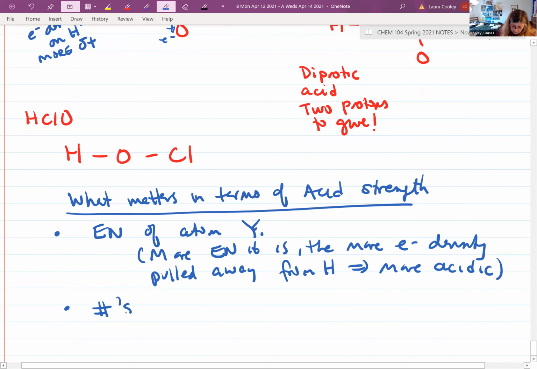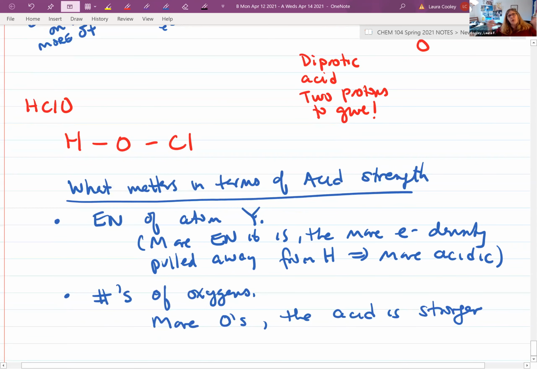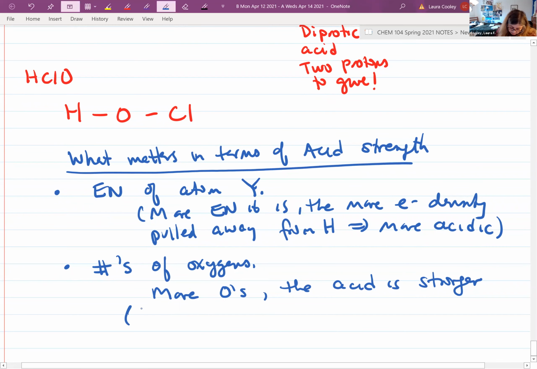The other thing I've already mentioned is the number of oxygens. If there are more oxygens, the acid is stronger, because each of those oxygens is pulling electron density toward it and away from the hydrogen. Because it's very electronegative, oxygen pulls electron density away.